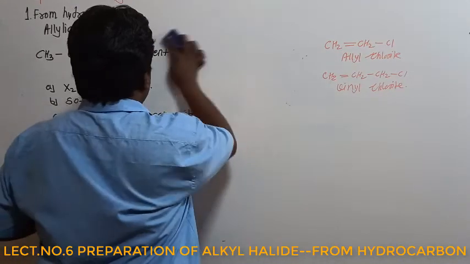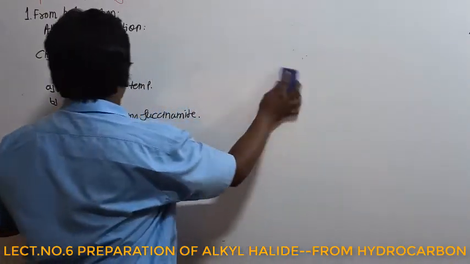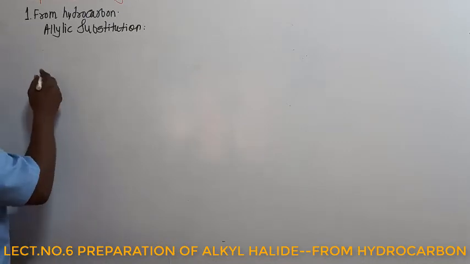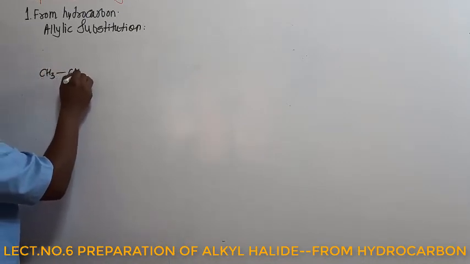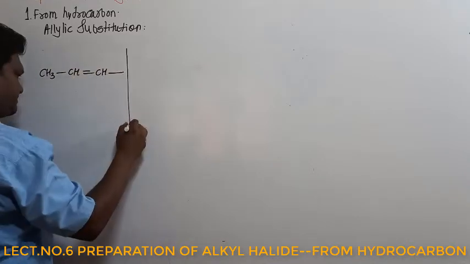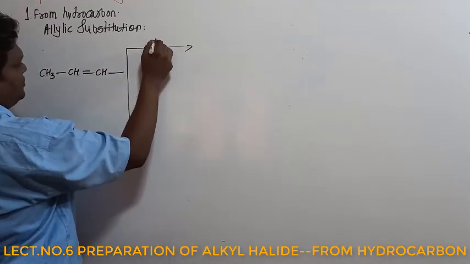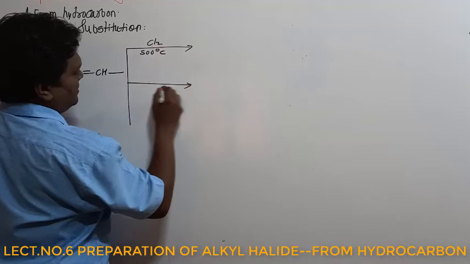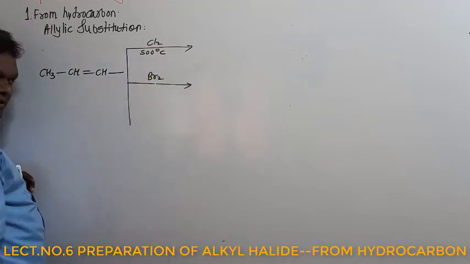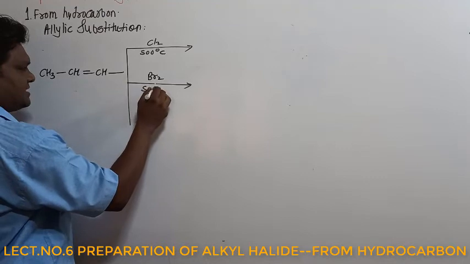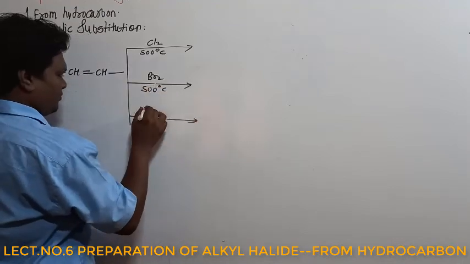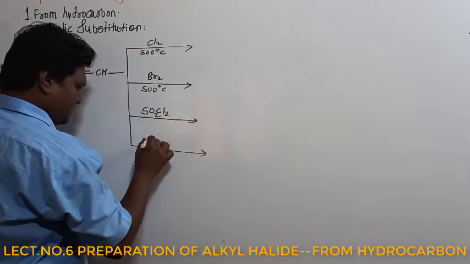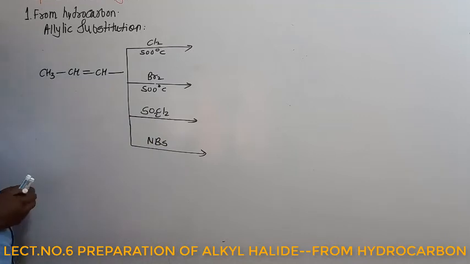Let's see how to write an example. If I write CH3 CH double bond CH2 and carry out this reaction in the presence of Cl2 at a temperature of 500 degrees Celsius, or react with bromine Br2 again at 500 degrees Celsius, or react with SO2Cl2, or react with NBS, N-bromosuccinimide, let's see what the products are.